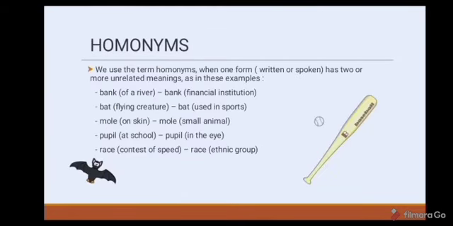The fourth is homonym. We use the term homonym when one form, written or spoken, has two or more unrelated meanings, as in this example. Bank of a river. Bank, financial institution.